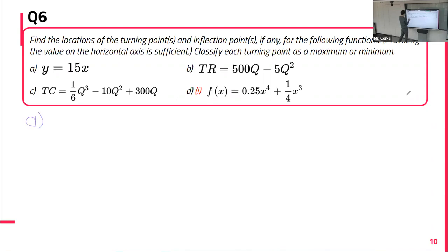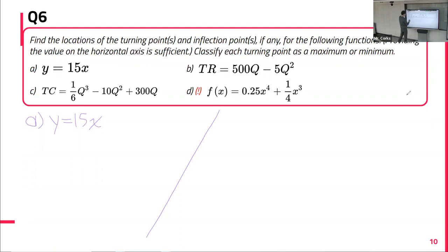So A, y equals 15x. I can know the answer without touching the derivatives at all. What is it? No turning points and no inflection points because it is a straight line. The slope is never changing, so it never turns negative. It doesn't have any sort of curving at all. We can say it's just a straight line.